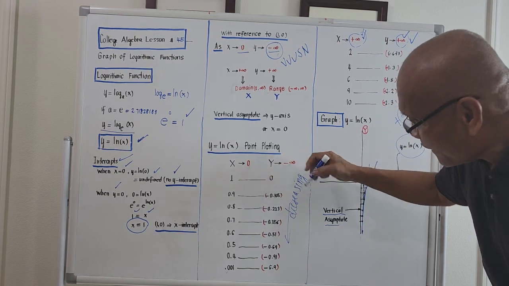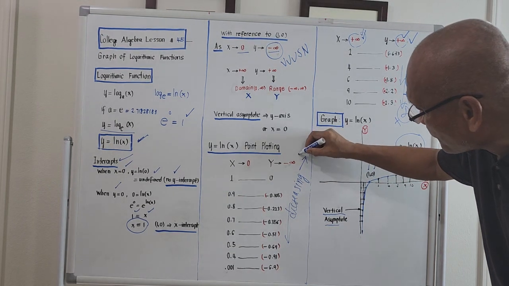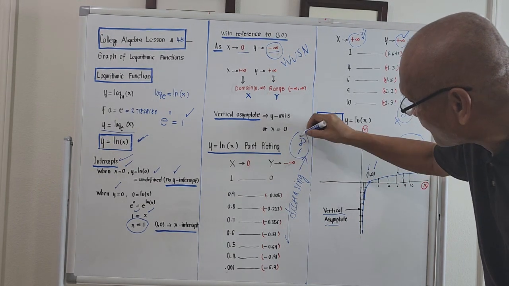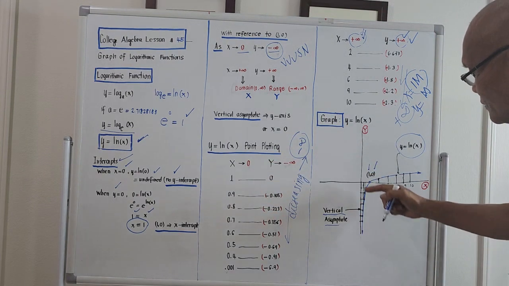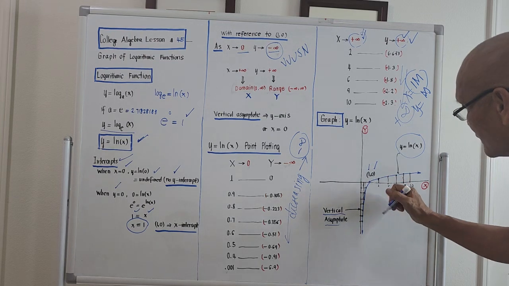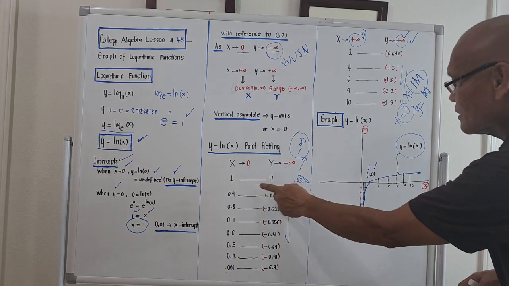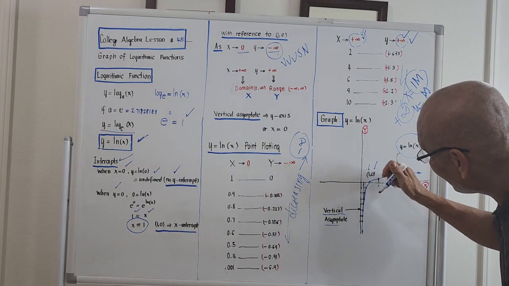Okay? And as x approaches 0, the value of y will also approach a very, very small value. But it will not be equal to 0. Okay? Because this is a vertical asymptote. So the graph of this and the equation will be this. So when x is equal to 0.9, very small, this is the value of y, negative.